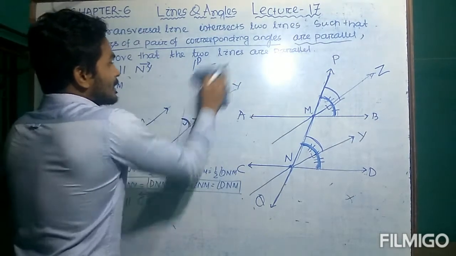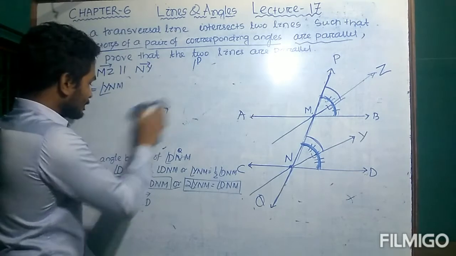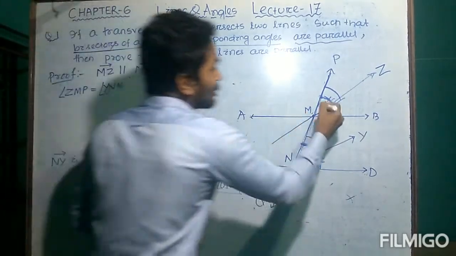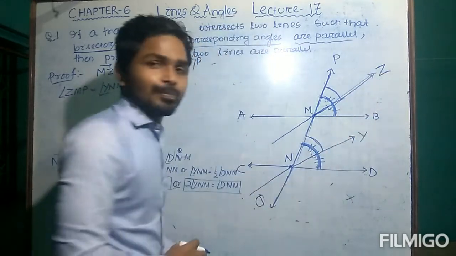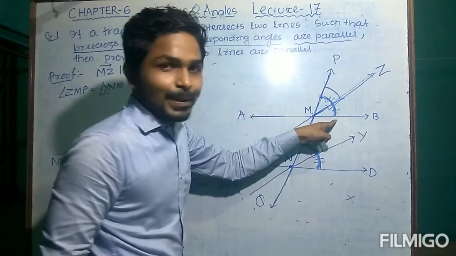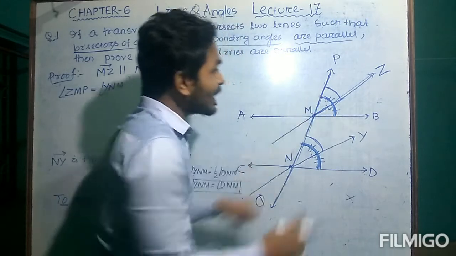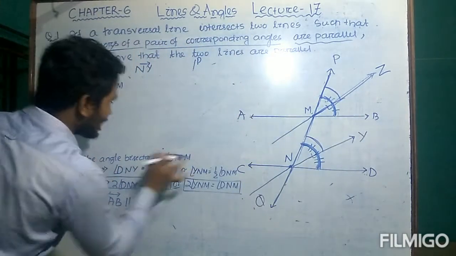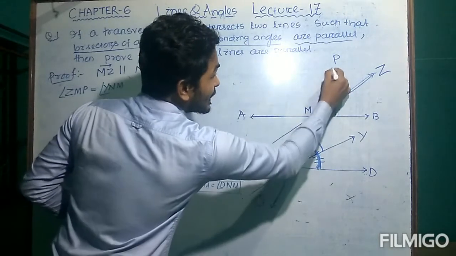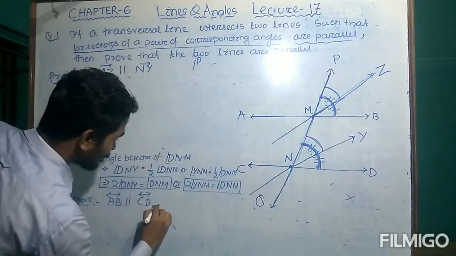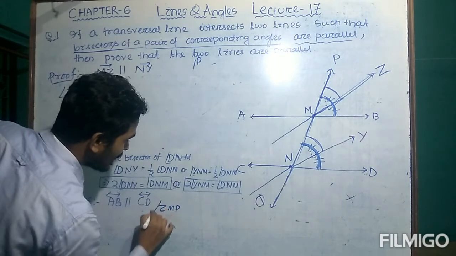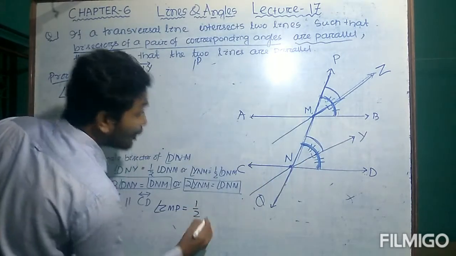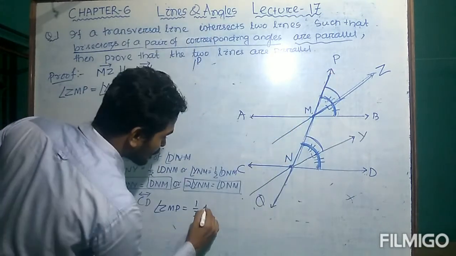Okay. So next, see, this is the angle bisector of this angle. Then this is half of the total angle and this is half of the total angle. We had written it here, but I have erased it. So ZMP is half of BMP, and this angle ZMB is half of the total angle.